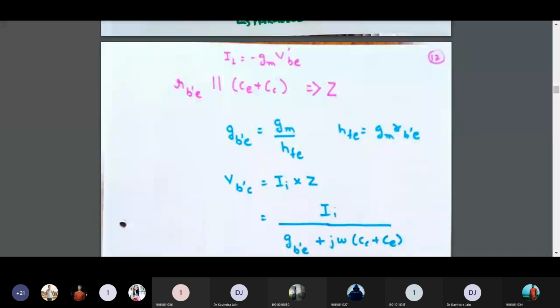Enrollment number 17. Formula of current gain. Antara, are you able to hear me, beta?